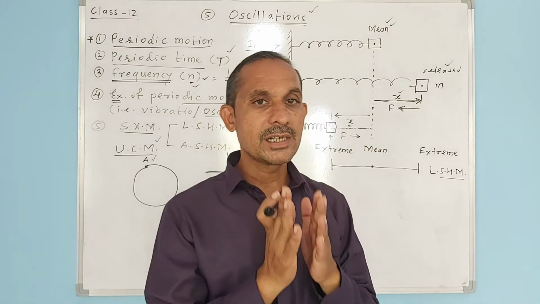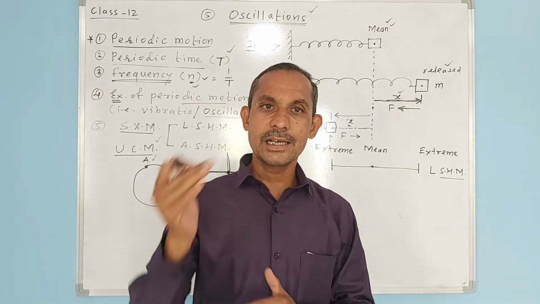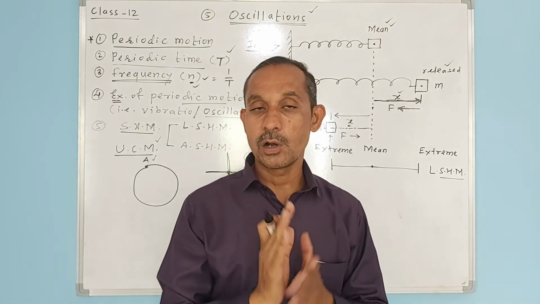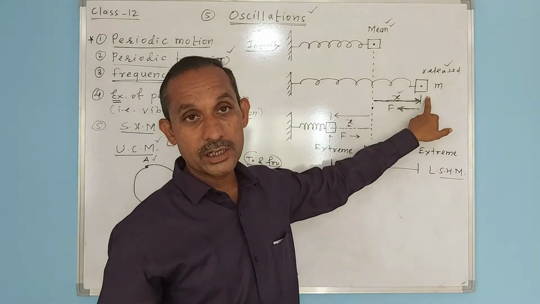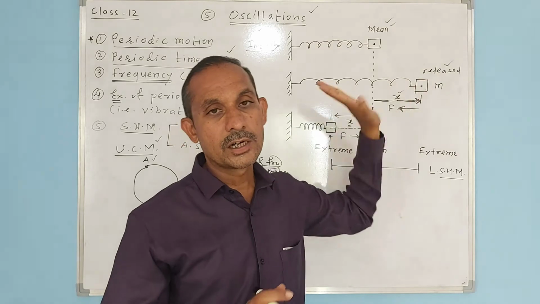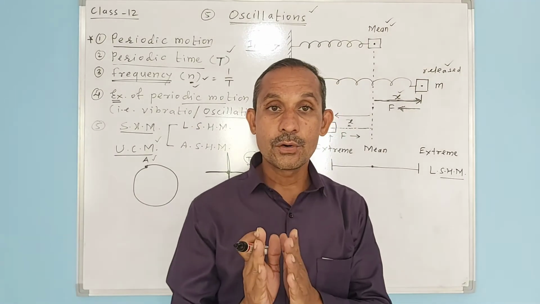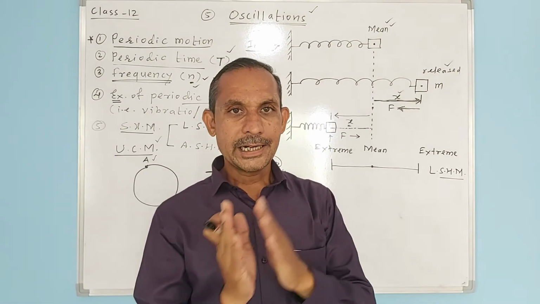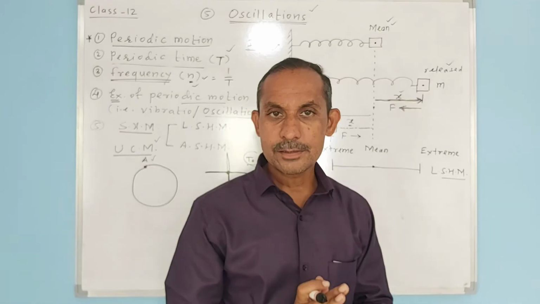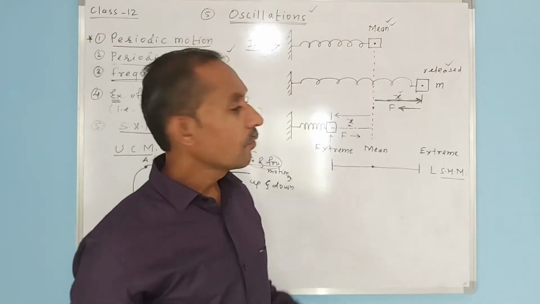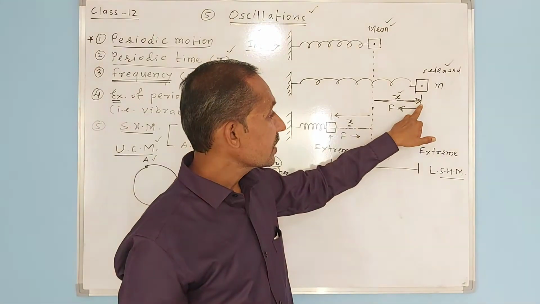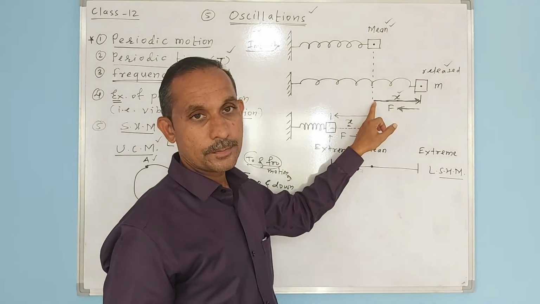If the displacement is small, the force will be small. So what does it mean? The force acting on a body performing oscillatory motion is directly proportional to the displacement, but that force is always directed towards the mean position.